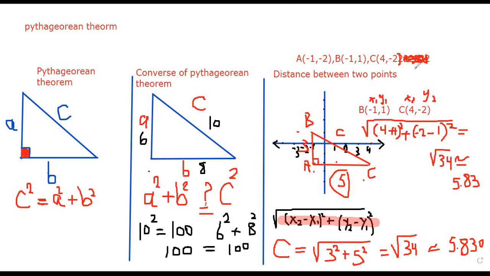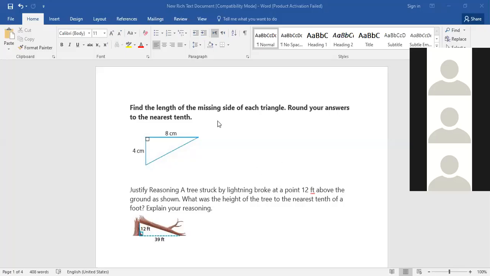And the third one, how we can deal with the distance between any two points by using a distance formula. Okay, so we will make a square minus b square.